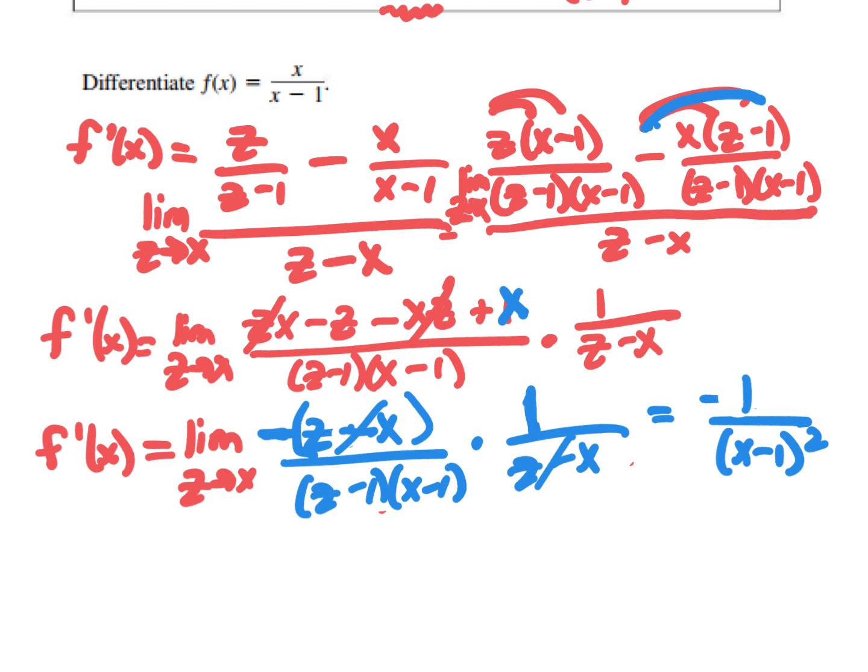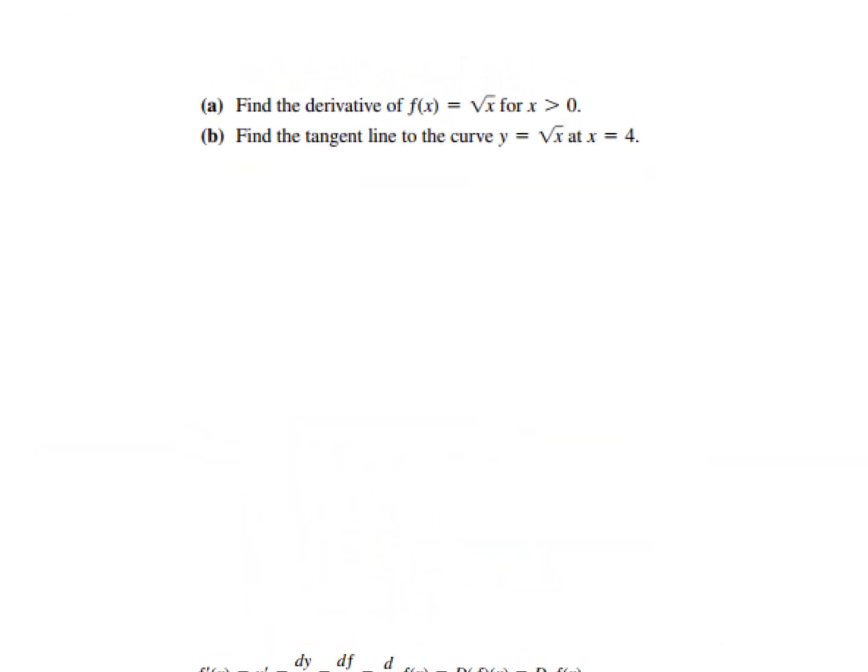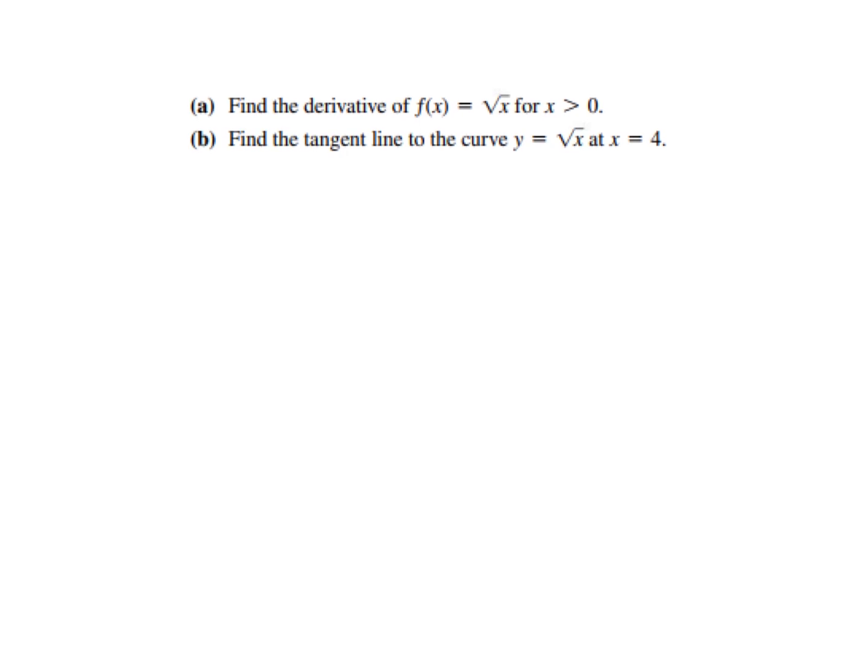Let's try another one with a square root. So we're going to find the derivative of f of x equals the square root of x for x greater than 0. And I'm going to use that same formula again just to show you how it works with 2 points. So my 2 points would be x, square root of x, and z, square root of z.